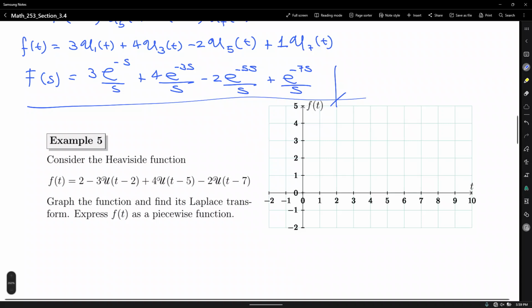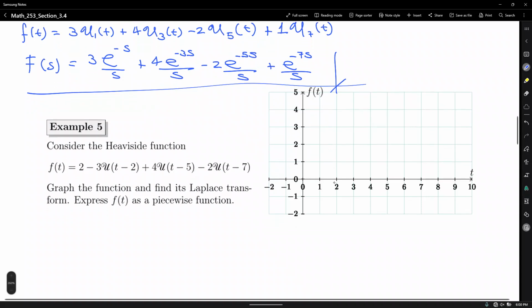So number one, where do we start? This time we don't start at 0 like the previous exercises. This time we start with a signal of 2 units. And well, turn on 2 and turn it off when t equals 2, right?